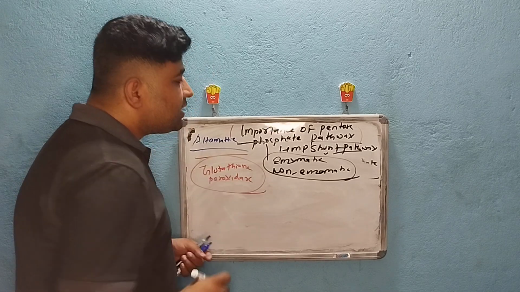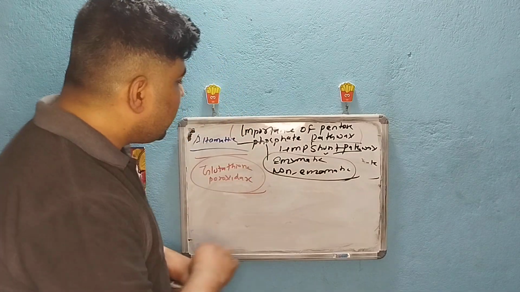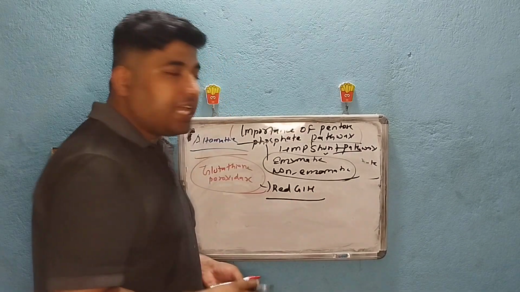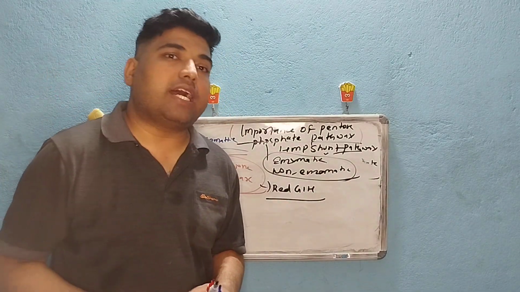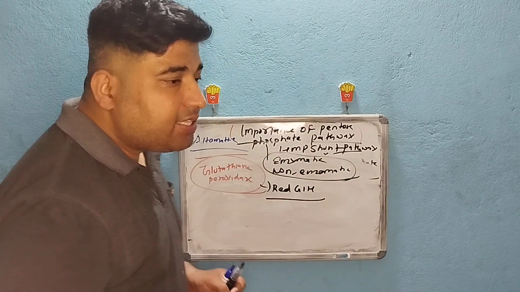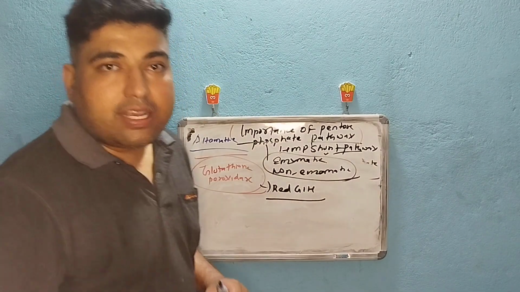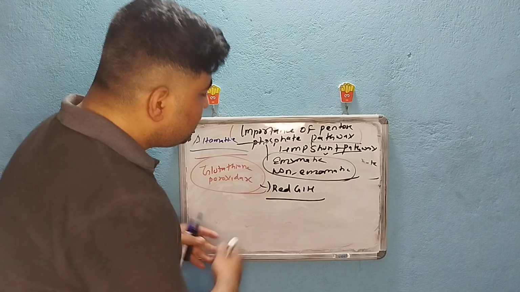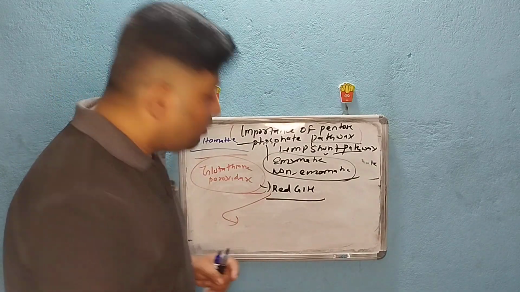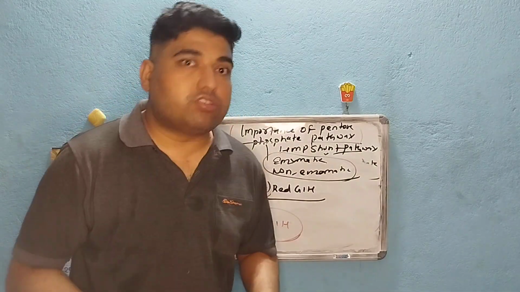This enzyme utilizes reduced glutathione as a coenzyme. During the process of neutralizing free radicals, the reduced glutathione becomes oxidized into the oxidized form of glutathione.